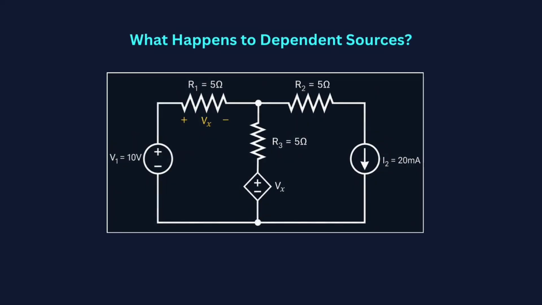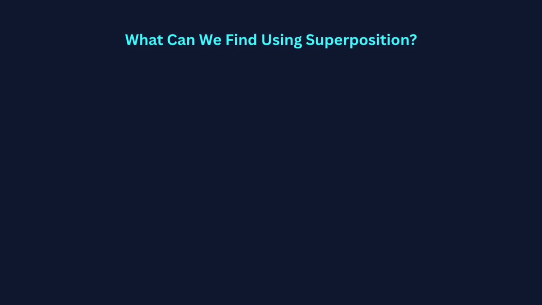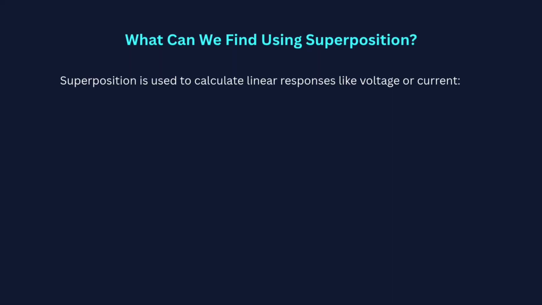What happens to dependent sources? Suppose the circuit also contains a dependent voltage or current source. Should we deactivate it? No. Only the independent sources are considered one at a time. Dependent sources remain active. What can we find using superposition? Superposition is used to find a voltage or current in a linear circuit.